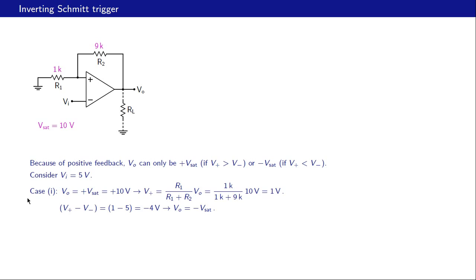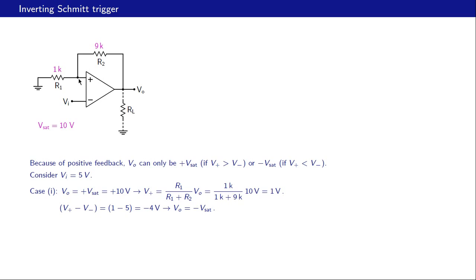Let's take case 1 first, in which Vo is plus Vsat. So we have 5 volts here, we have 10 volts here. If this is 10 volts, then by voltage division, this V plus would be 1K divided by 10K times 10 volts, or 1 volt.